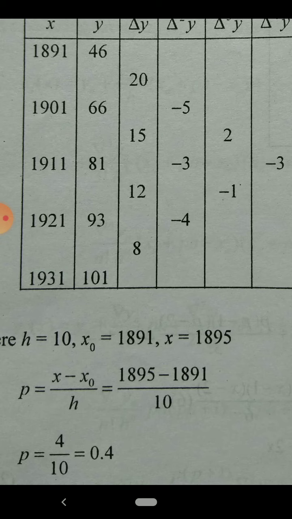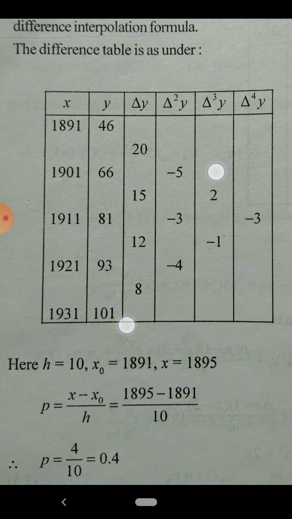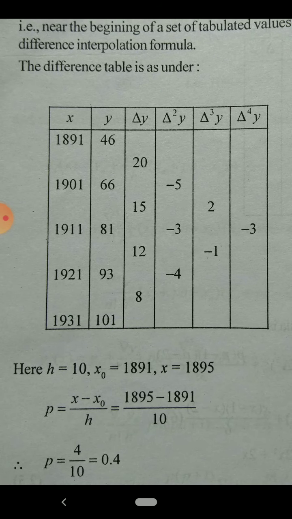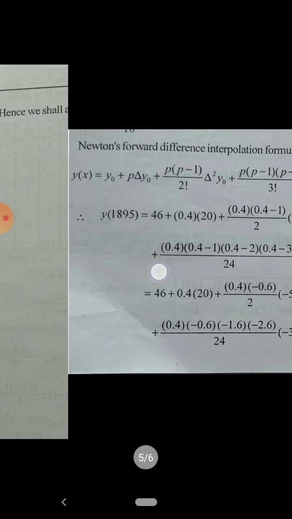Now we have to write the forward difference interpolation formula up to fourth differences, because our table is up to fourth differences. Here we have written this formula.